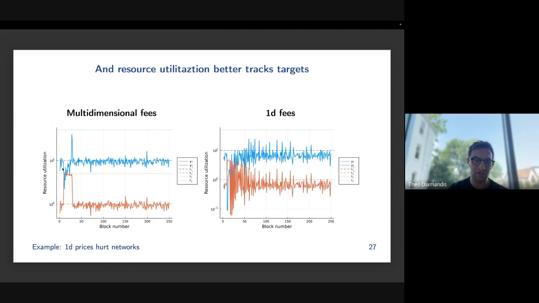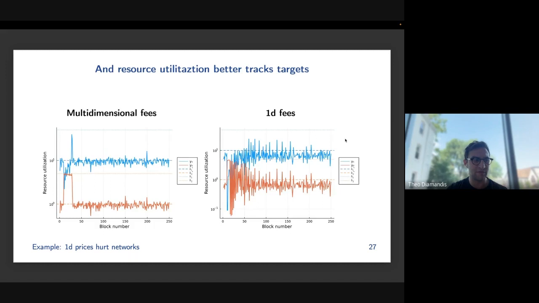For resource 1, we allow it to go down for a little while, and then we allow some burst capacity to clear out the backlog, and then it tracks the target as well. When we have one-dimensional fees, we see this oscillatory behavior. This has been observed by others.